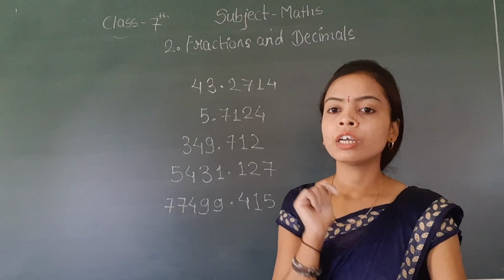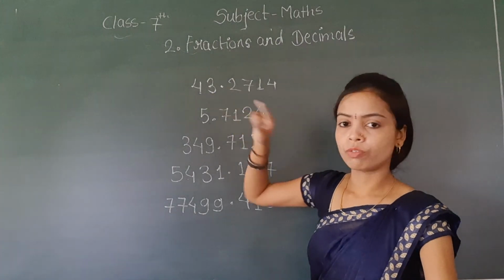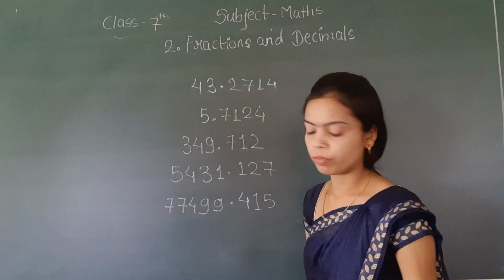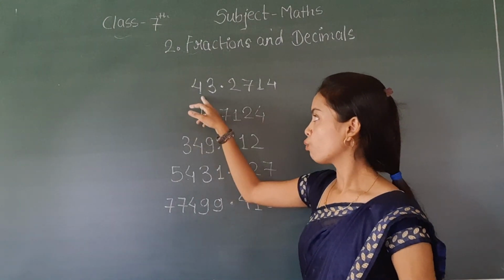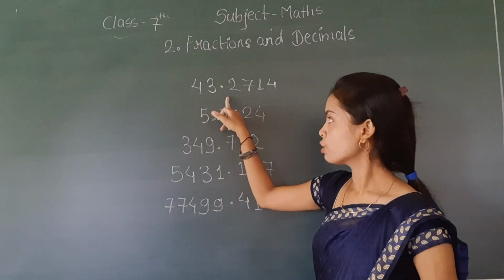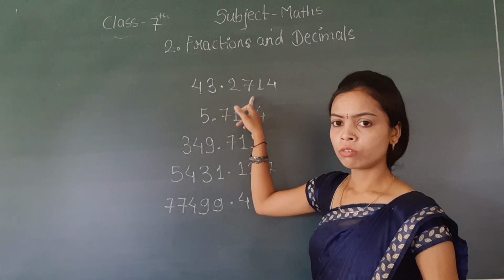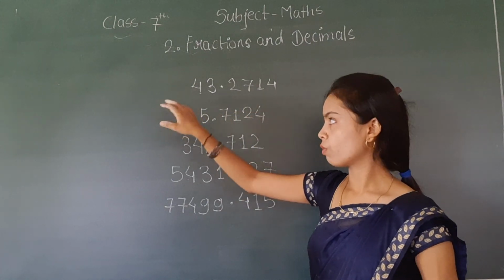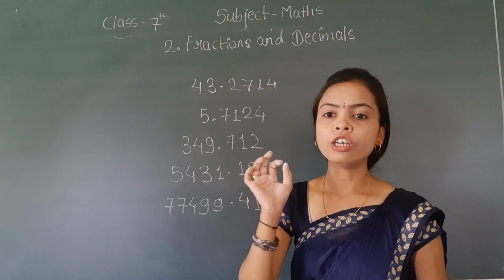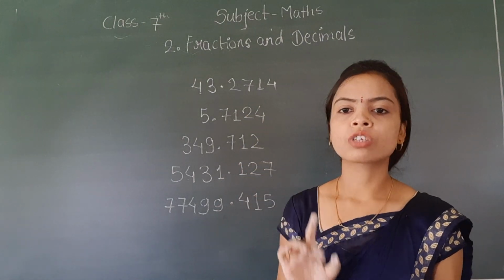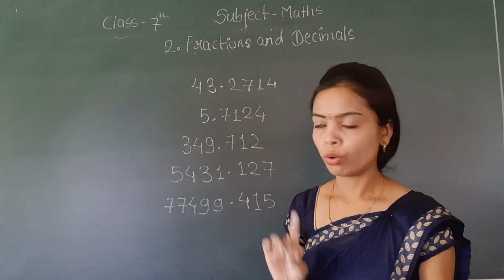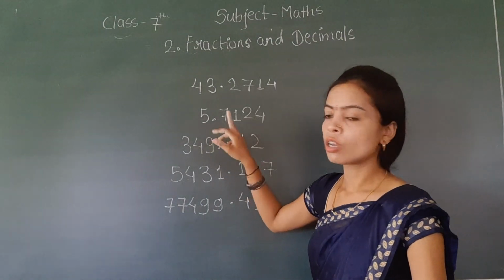After that we read the decimal point. We call it a point only. So we read it as 43.2714.